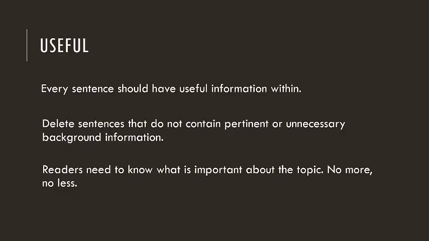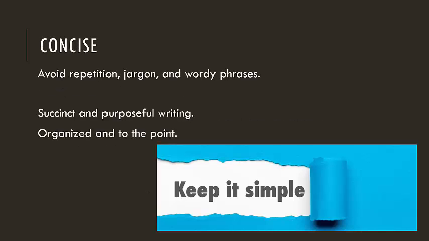Typically what happens is that you write a long paper first and then you cut it. So deleting sentences that do not contain pertinent information, or unnecessary background information, is the first step in that. You really need to make sure that the audience is only getting the information that they need to know. No more, no less.